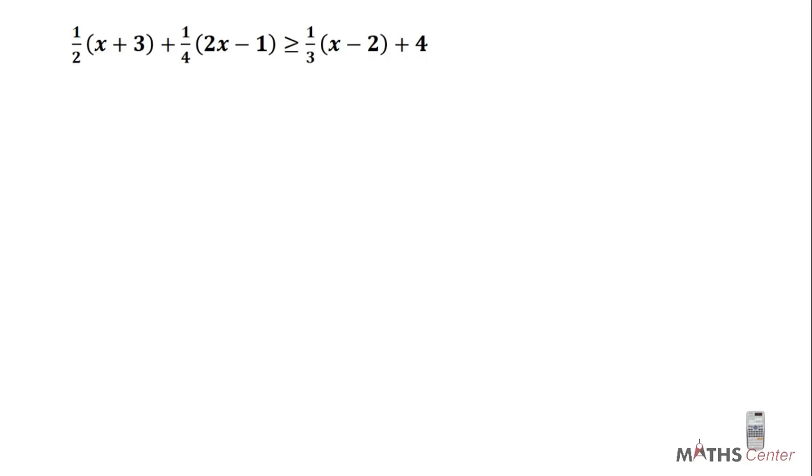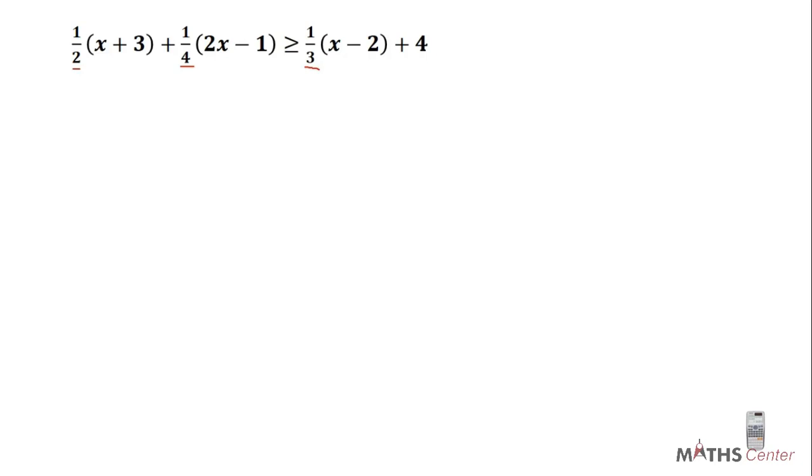So as we've been doing in the previous videos, whenever you have a fraction, the first thing you need to do is to identify the fractions. So here the fractions in this question are 1 over 2, 1 over 4, and 1 over 3. Now there are no mixed numbers or mixed fractions, so there's no need converting anything here. After you've identified the fractions, you find the LCM of the denominators.